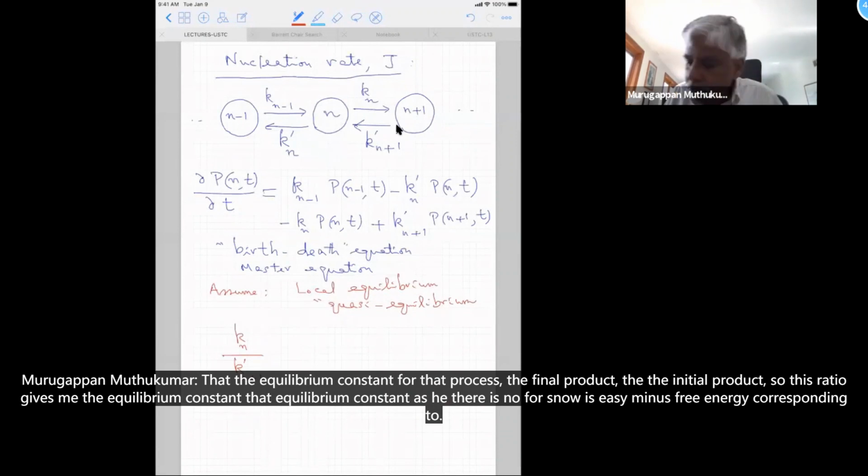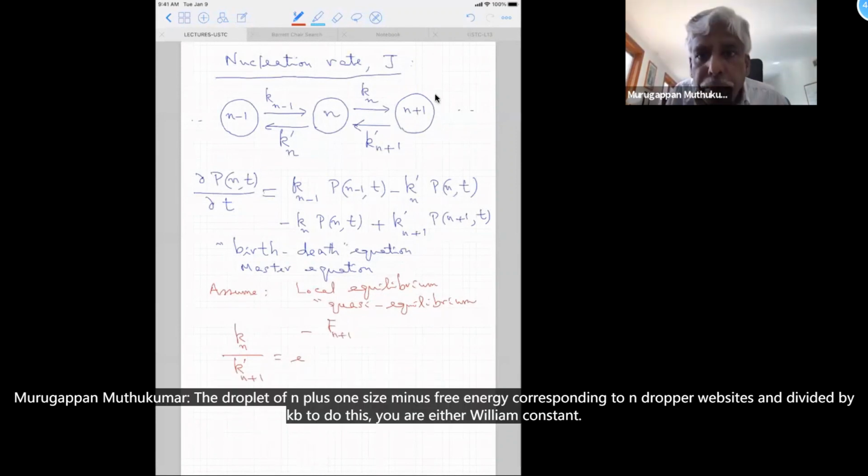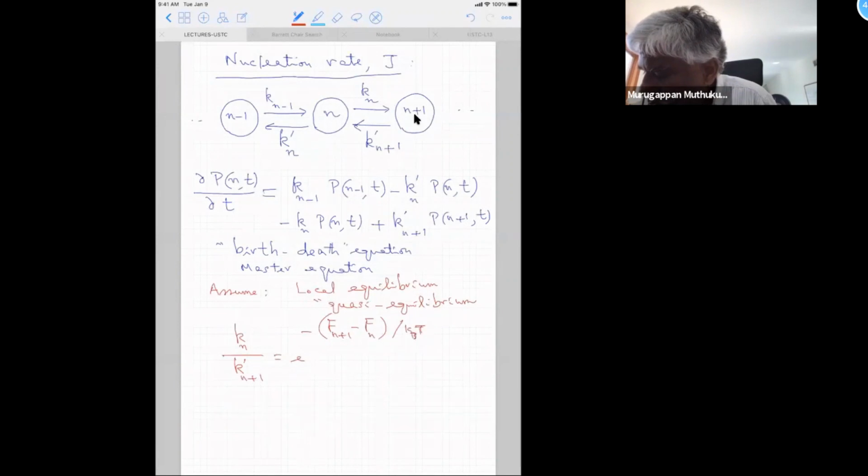That equilibrium constant, as folks know, is e to the minus free energy corresponding to the droplet of n plus 1 size minus free energy corresponding to the droplet of size n, divided by kBT. This is your equilibrium constant.